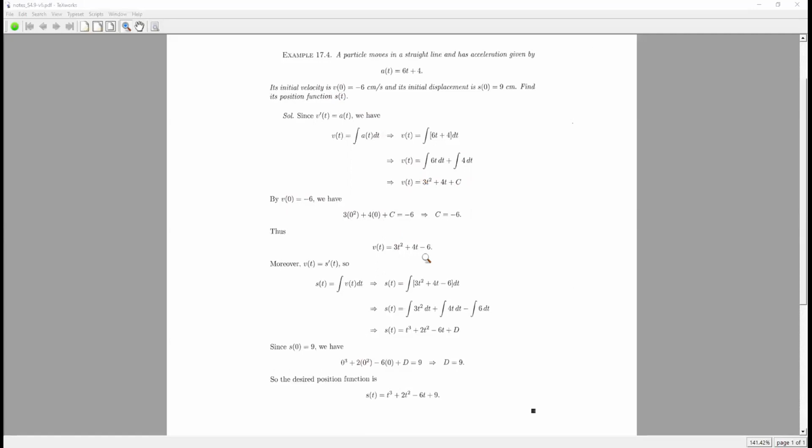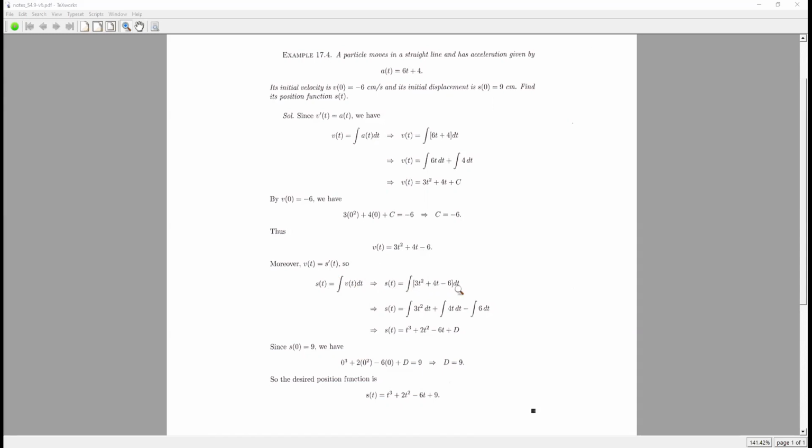On the other hand, we know that the derivative of position is velocity. That is, position is an antiderivative of velocity. So position is the indefinite integral of velocity. Now plug in this function for velocity, then we get this equation.